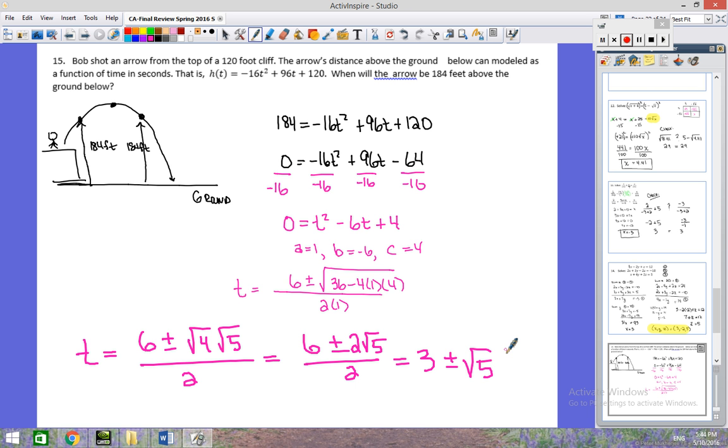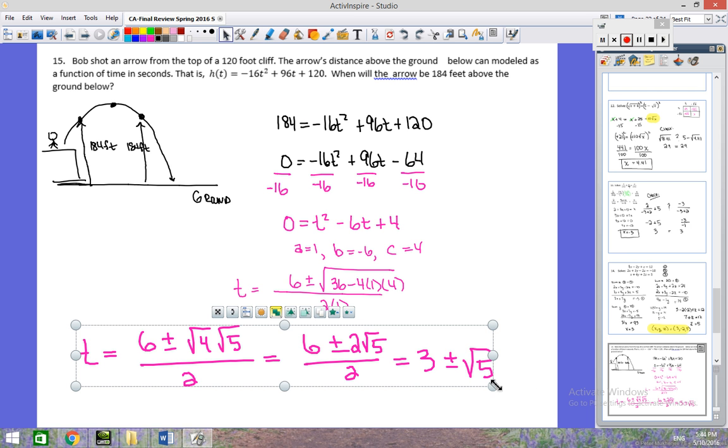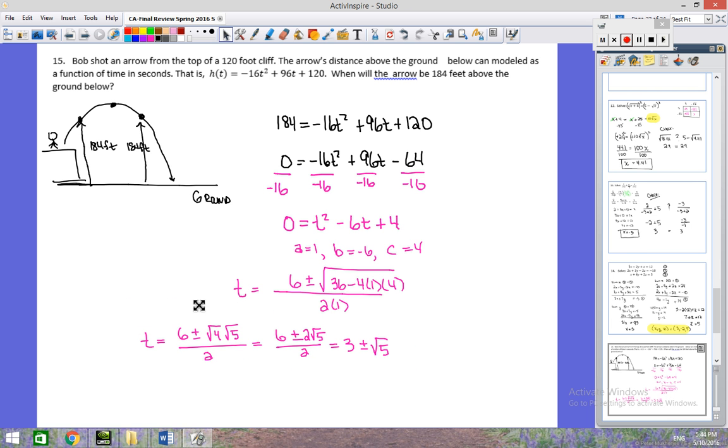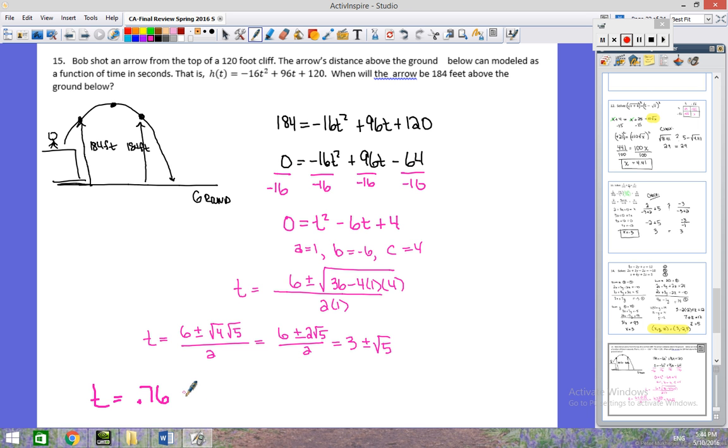So what is the square root of 5? Well, that's about 2.2. So I'm getting 3 minus 2.2, and I knew it was smaller than 3. We wouldn't have a negative time, so we would throw that answer out if it were negative. So I believe if I go to a calculator and get decimal approximations, if I take 3 minus the square root of 5, I get 0.76 to 2 decimals.